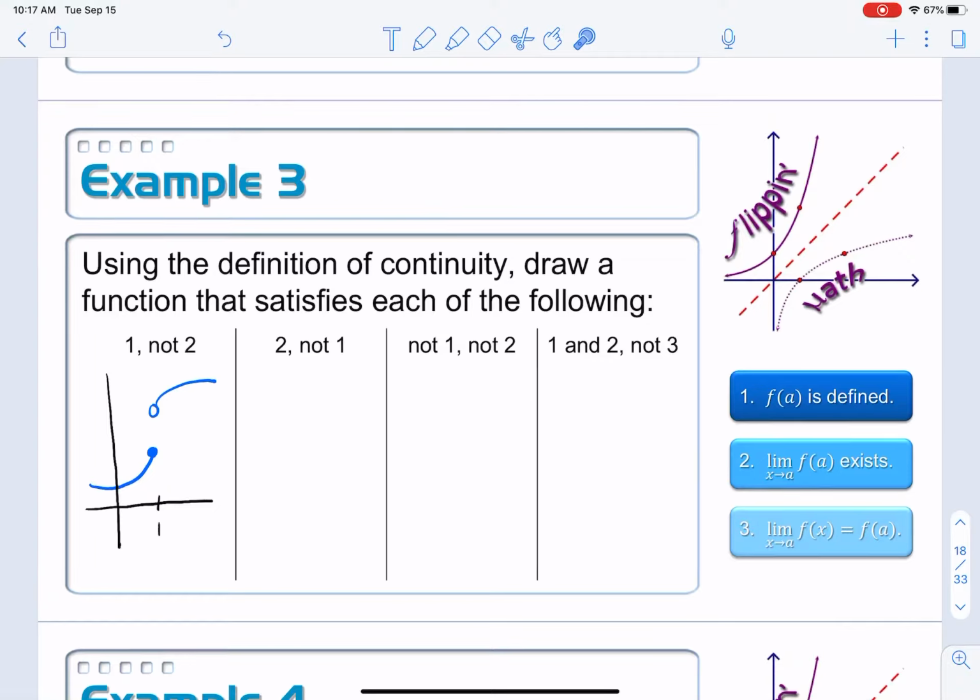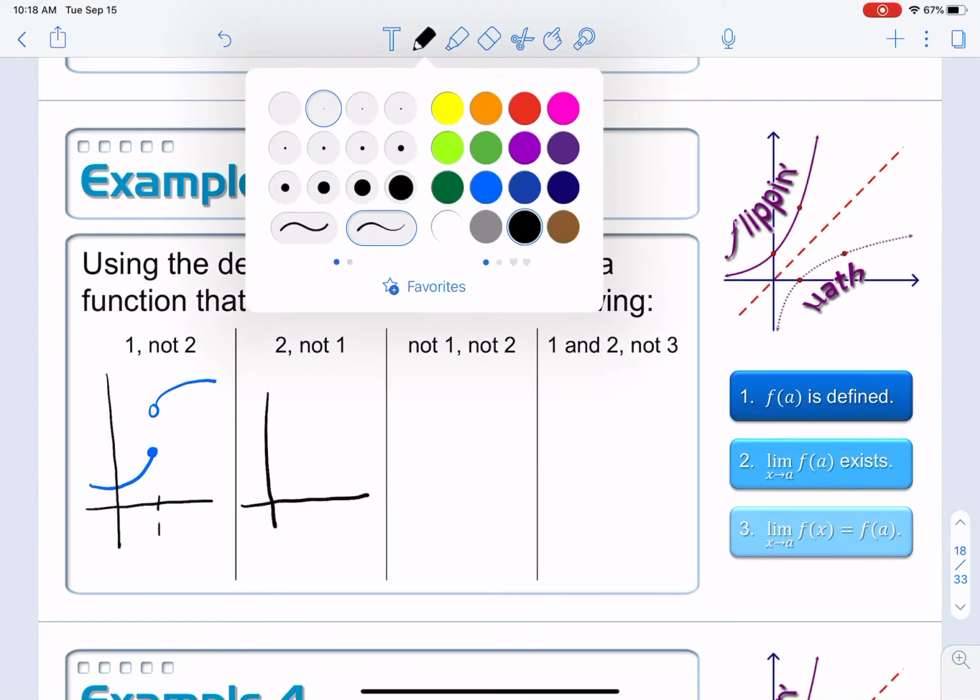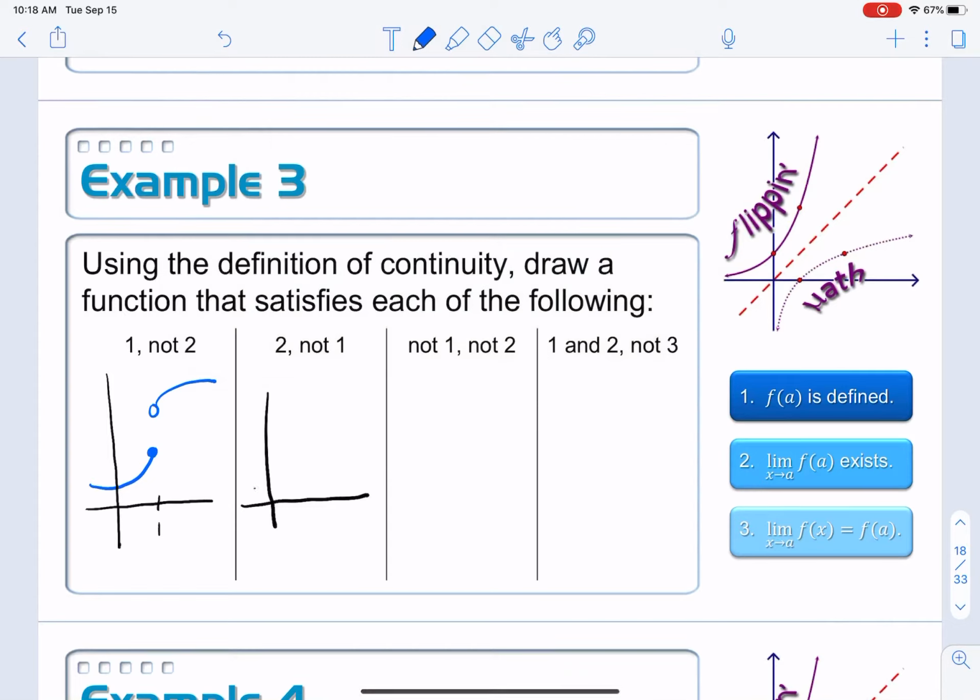Okay, so now I have the reverse situation. Here, we want the limit to exist, but the point not to be defined. All right, so one thing I can do is just basically have this drawing that I have here, but have these 2 pieces joined together with like an open circle that's inside there. So who knows, maybe the same kind of X and Y axis. Maybe I come up to a point, not include it, and then continue it.